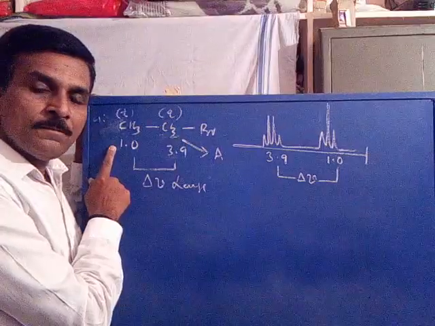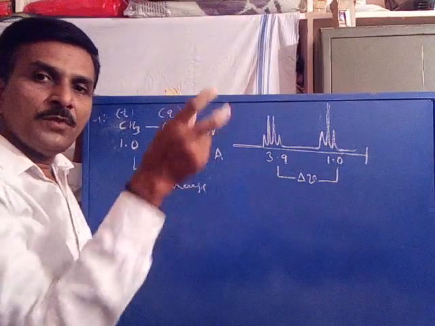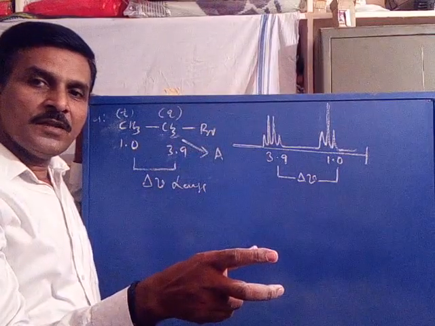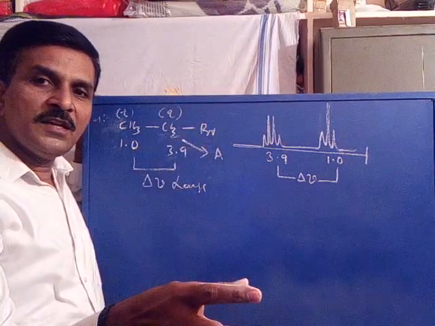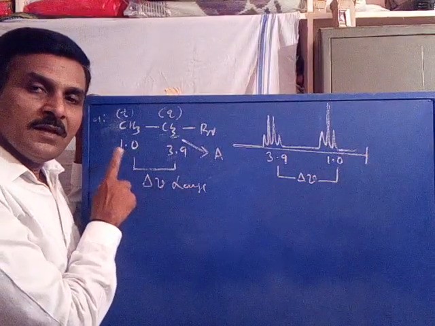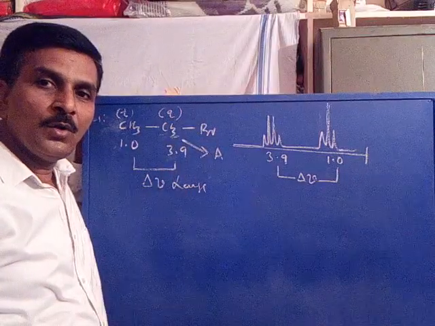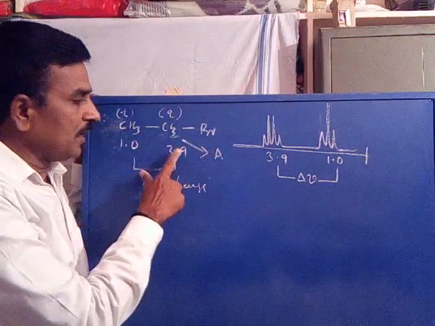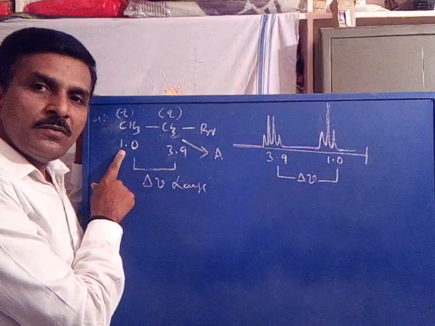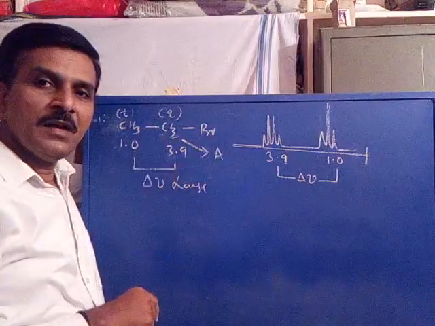If there are three sets of proton, one is designated with A, the other with M, and the last with X. So always the X letter is used to designate a proton of lower delta value. High delta value with A letter, lower delta value with X letter, the moderate delta value in between acquires letter M.